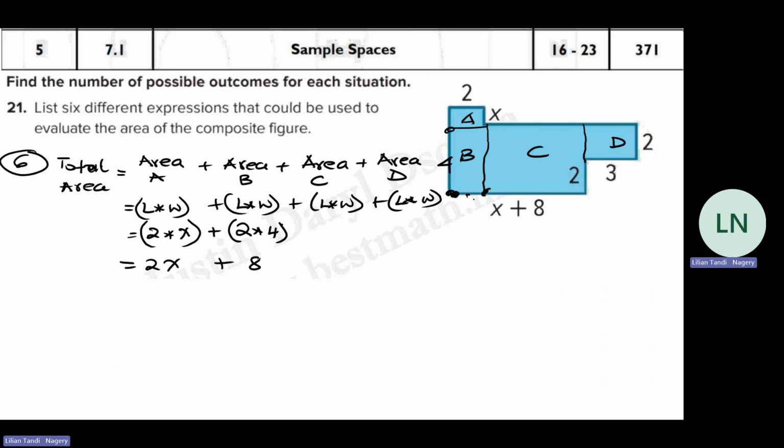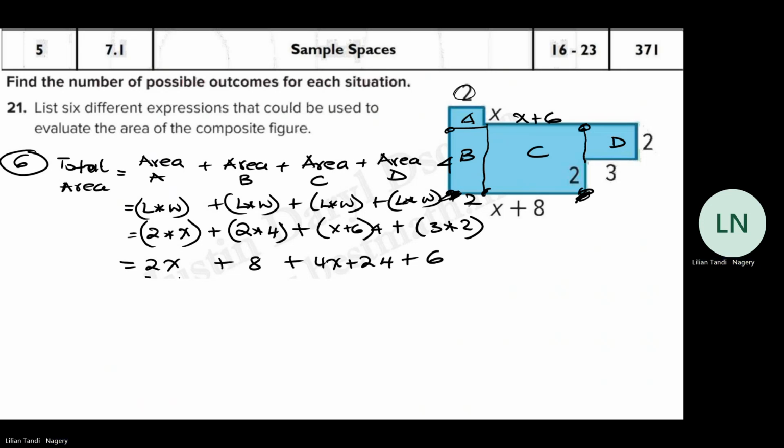From here to here is 2. All right. Plus, this should be x plus 6 because from here to here is x plus 8, and then I remove this 2, so that will remain x plus 6. So x plus 6, and the distance from here to here is 4, plus 3 times 2. So that's what I did, plus 4x plus 24 plus 6.